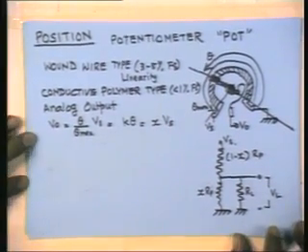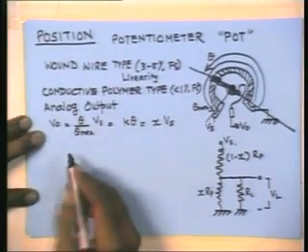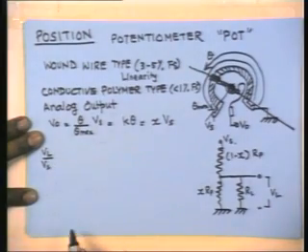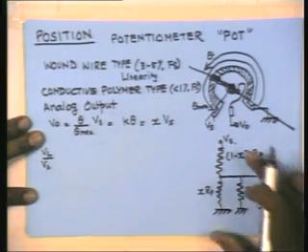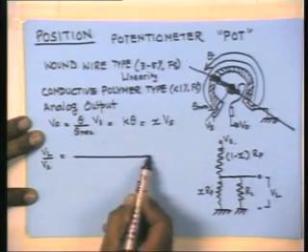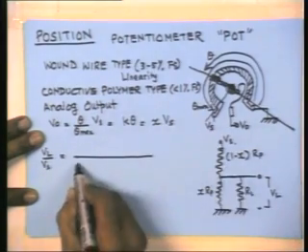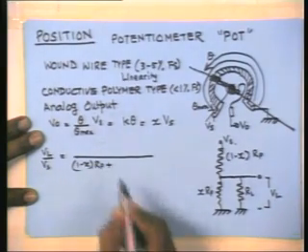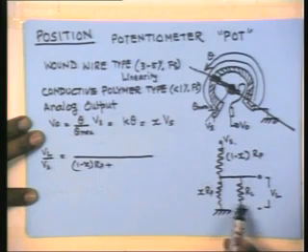So in using a potentiometer, I can write down what my VL over Vs is. I'm trying to divide the voltage across this whole resistance, the whole resistance being (1 minus x) times Rp plus the parallel combination of x times Rp and RL.